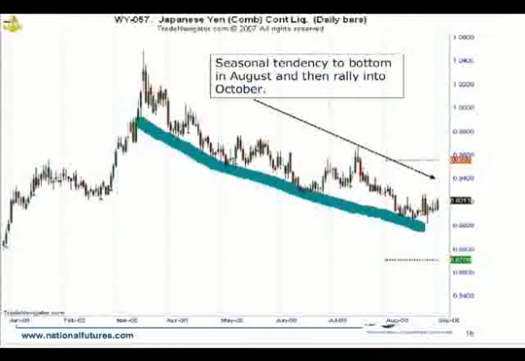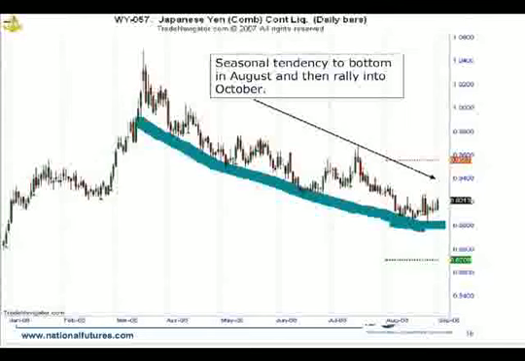Again, remember at the beginning of the presentation we said it was quoted in dollar to the foreign currency? When you look at the media and you hear about yen, they're quoting yen as it's weighted against the dollar, an inverse relationship. This is from the CME's Japanese yen futures contract. Let's say I could tell you that from March going into on or about the middle of August, the market goes down.